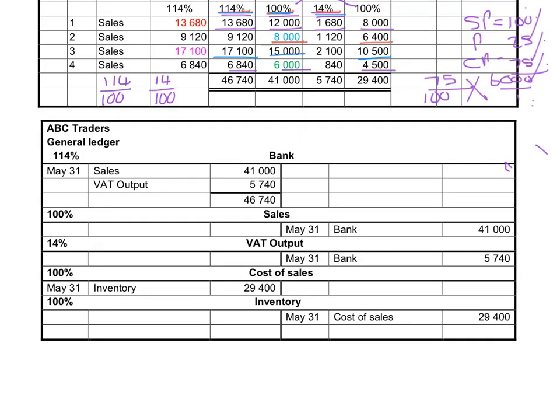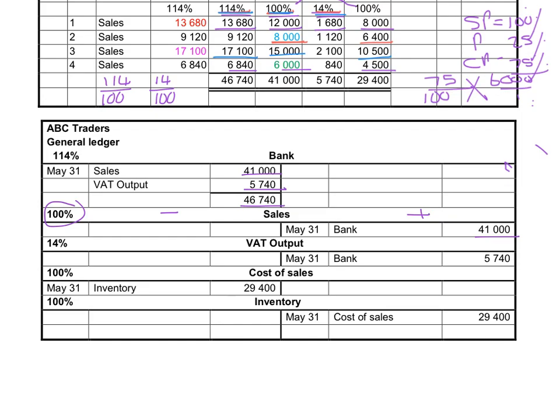I will debit the bank with the total amount of 46,740 because the bank will increase with the sales amount and the VAT. Both the amounts are deposited in the bank. The sales account income is credited on the credit side with only the sales figure, that is the income for the business, and it is a 100% account.